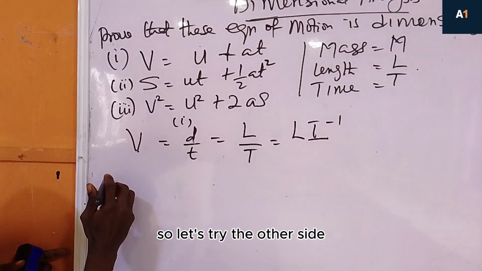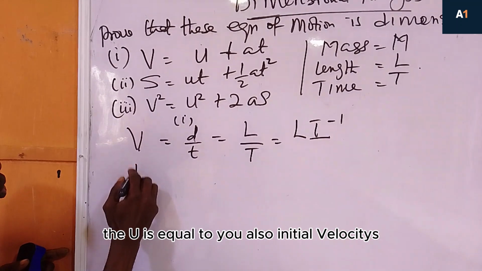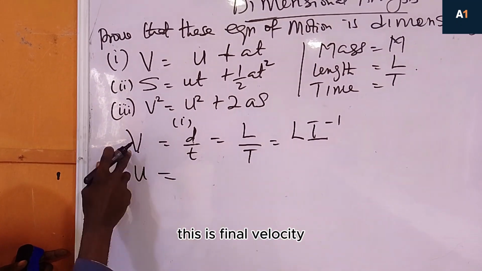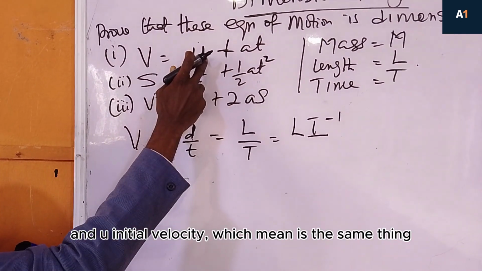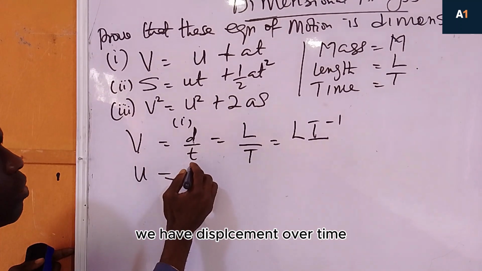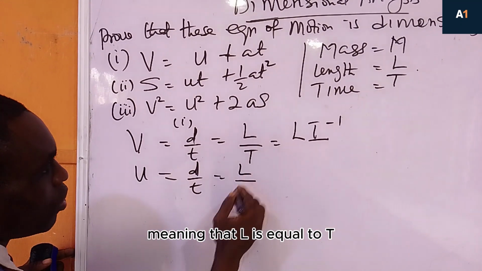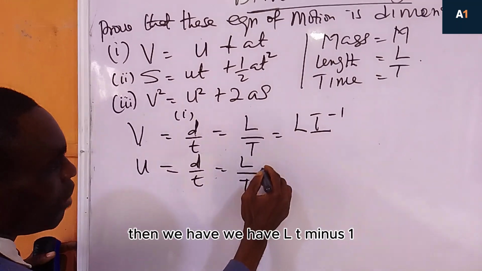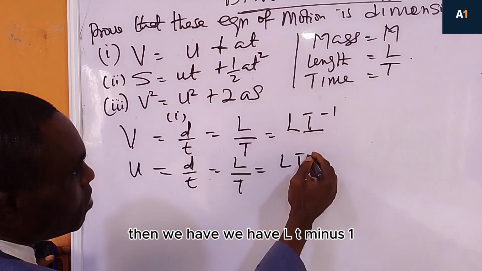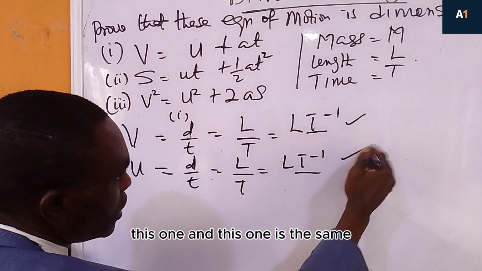Let's try the other side. U is also initial velocity, so it is the same thing: displacement over time, L over T, giving LT^-1. This one and this one are the same.